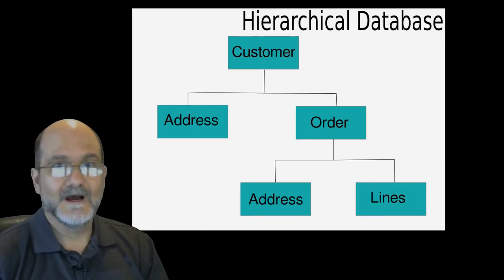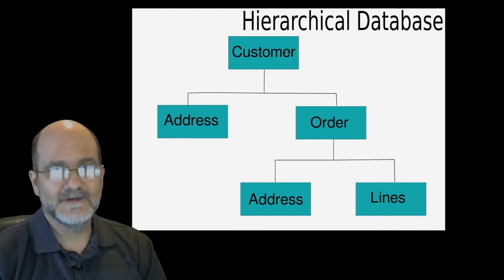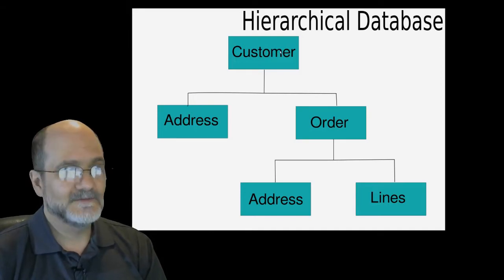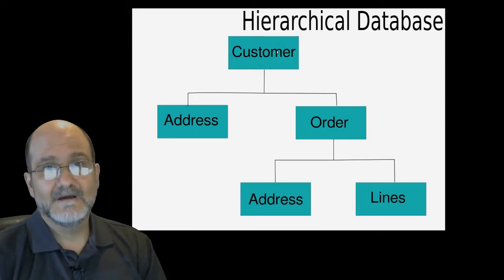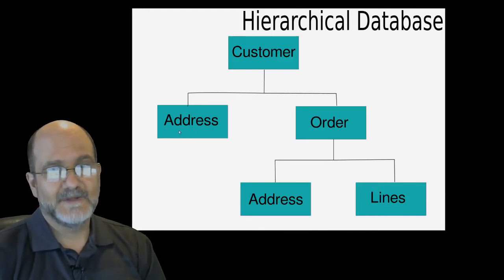But a programmer would have to come in and write special code and know the exact layout of everything. Let's say you have a customer. The customer can have an address, and this might be their default address.